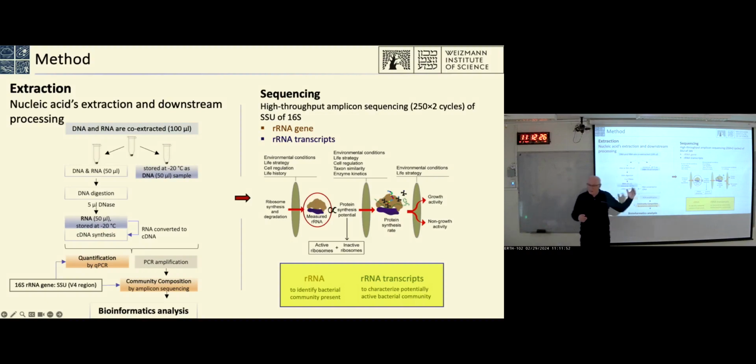So we had an assumption that by looking at the ratio between RNA and DNA for specific species, we can get some information about the viability, because if a bacterium is dead, its RNA is going to be degraded, and if we find a high ratio, then it tells us that potentially these bacteria are alive. This is a proxy for viability.